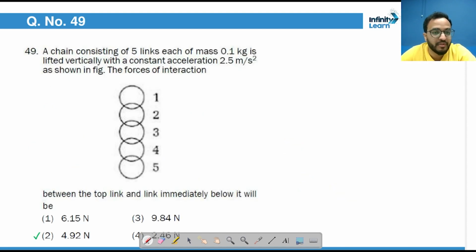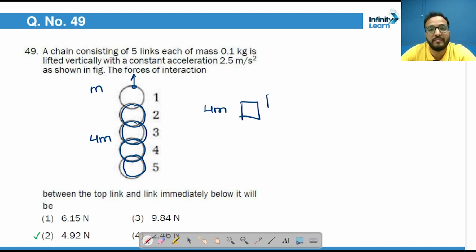Question number 41. This is an interesting question. Here this is being pulled up and it is pulling these 1, 2, 3 and 4 blocks together. So if this is M, this is 4M. This one is going to pull the mass 4M with an upward acceleration A and tension is T, suppose.